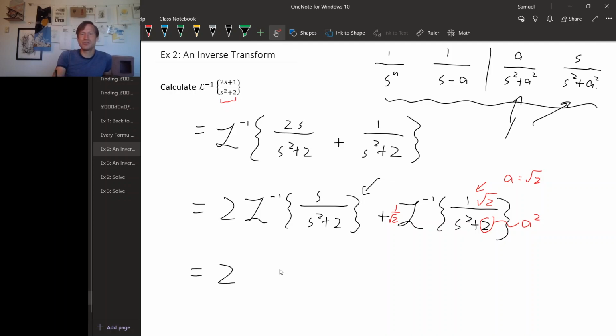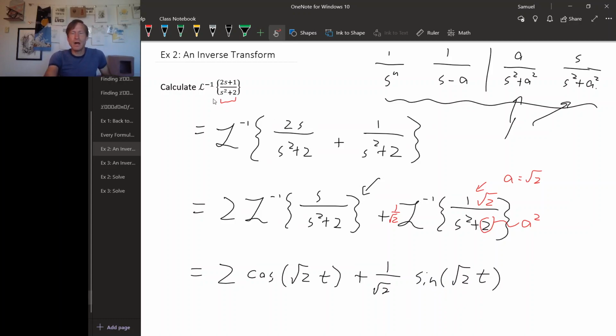So 2 times inverse transform of s over s squared plus 2 is cosine square root 2 times t plus 1 over square root 2 times, and then the inverse transform of root 2 over s squared plus 2 is sine of root 2t.